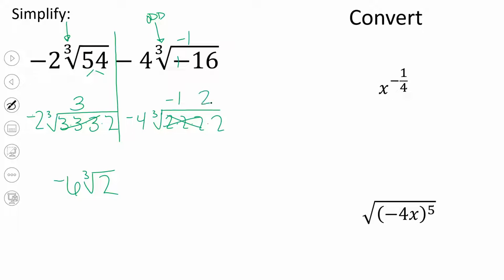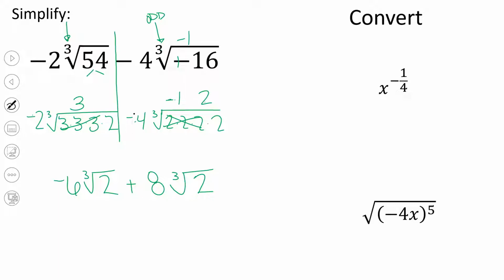And now let's multiply. What's 2 times -1 times -4? Positive 8 cube roots of 2. Now, what can I do? Am I subtracting? Now I'm adding because my signs changed, right?